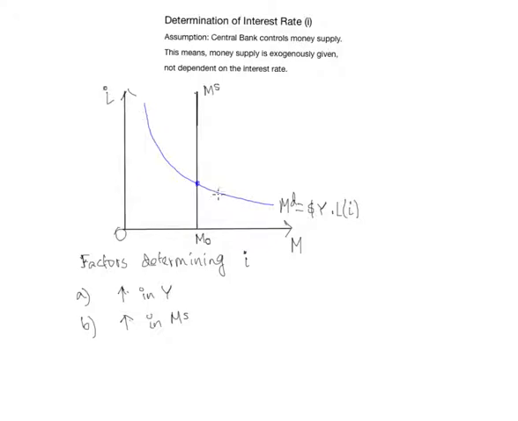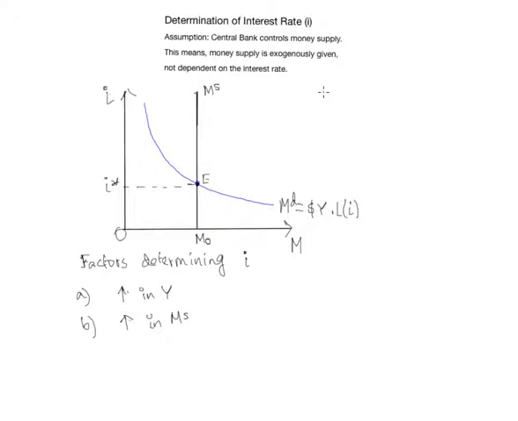So note that this curve and this line intersect at point E. At point E, money demand is equal to money supply, and these two together determine the equilibrium interest rate.